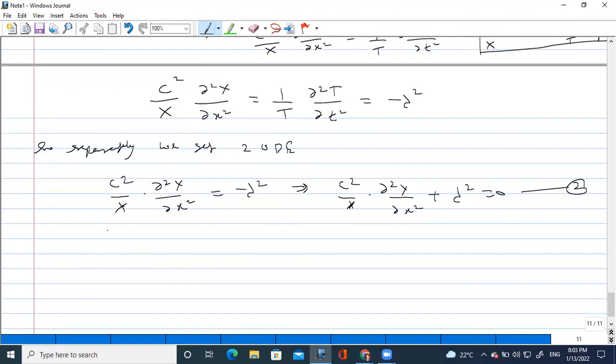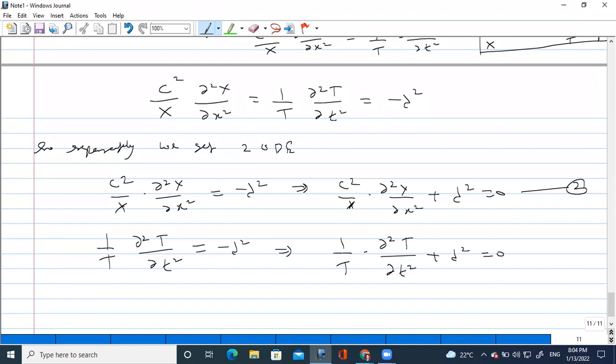Again, the second equation I will get is 1 by T del 2T by del t square equal to minus lambda square. So from here also I will get 1 by T del 2T by del t square plus lambda square equal to 0.